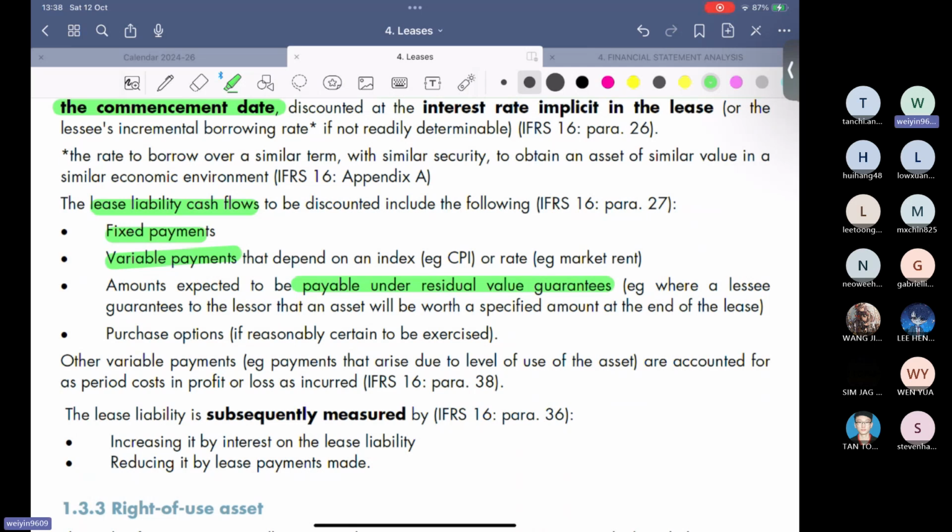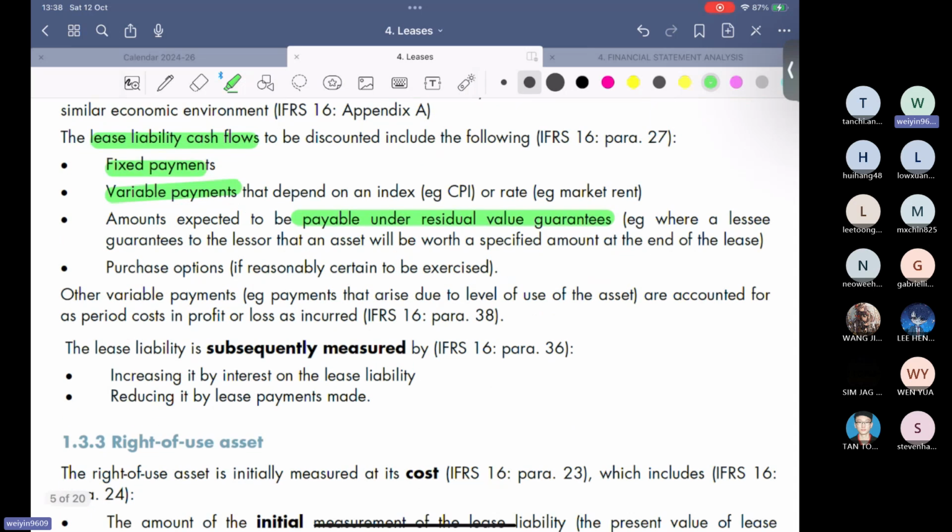So that means after the lessee uses it, this asset still has some value, unlike the previous example like 5 + 3, because the lessor has no right to lease the asset anymore. That means no value. Then we have a purchase option, if reasonably certain to be exercised.